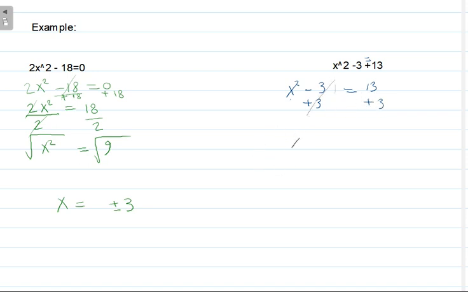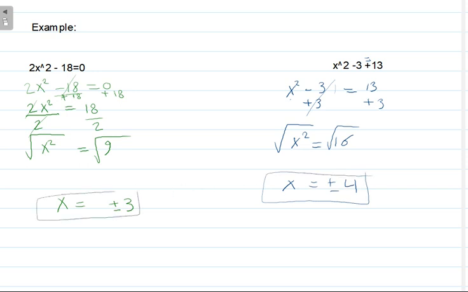Eliminate this term, then x squared equals 16. Take the square root of both sides, then I will get x equals plus or minus 4. And that's it. This is the solution of the quadratic equation when b equals 0.